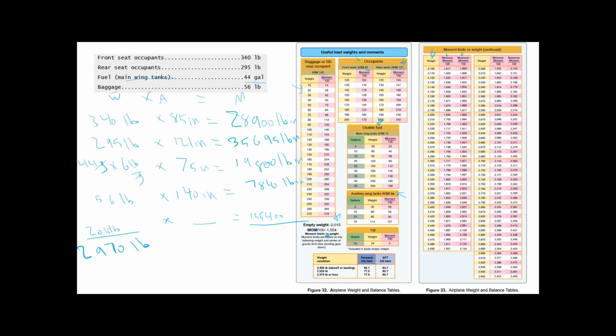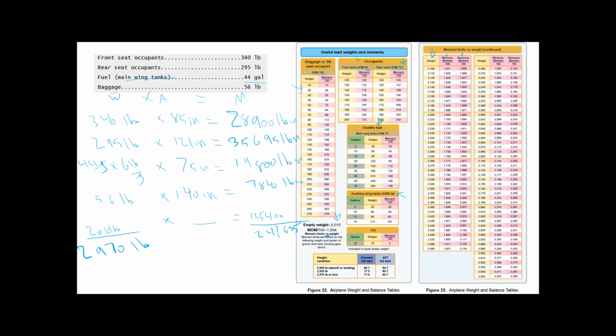And our total moment, 2,890 plus 3,565 plus 19,800 plus 7,840 plus 155,400 comes out to 247,635.